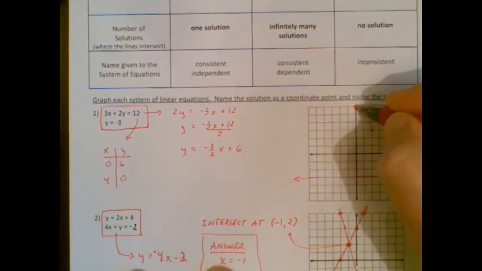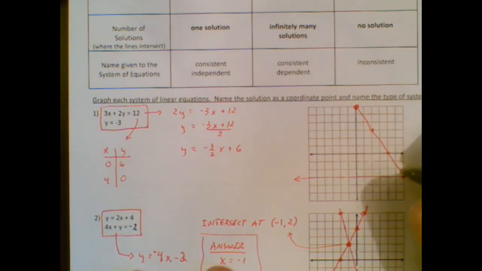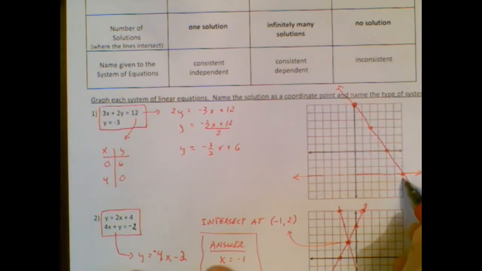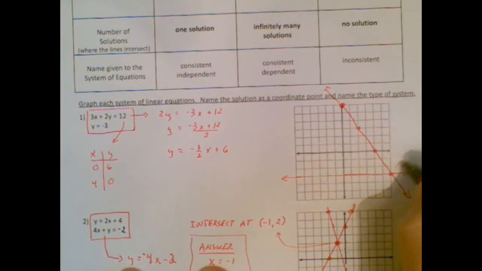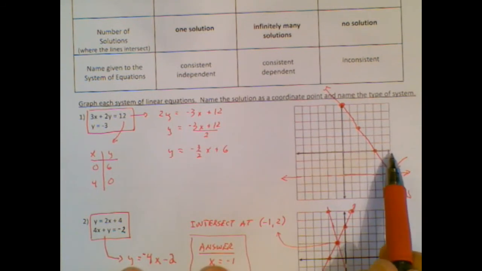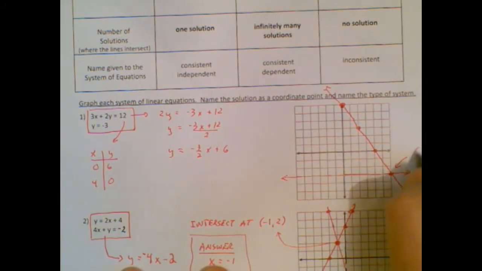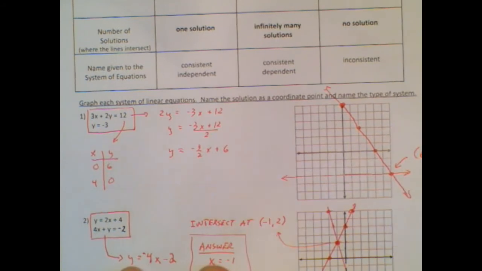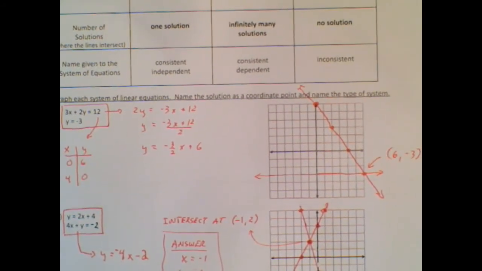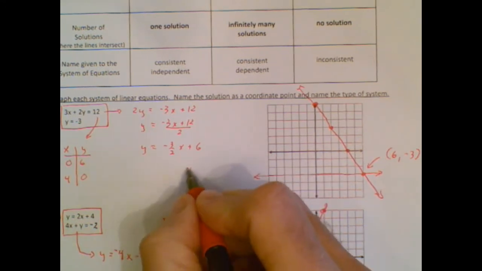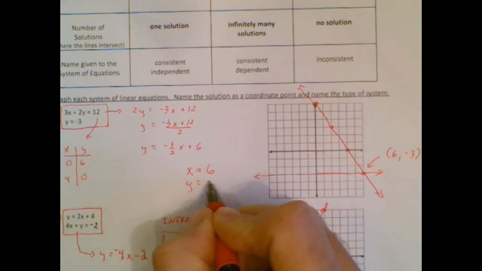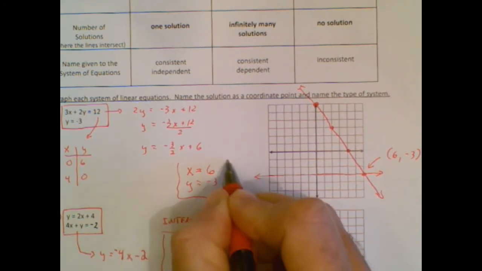And as I do that, and I'm very precise about it, I get this intersection point right down here. That's going to be my answer. That is the point 1, 2, 3, 4, 5, 6, down 3. That's the point 6, -3, which means the answer to my system is x equals 6, y equals -3.